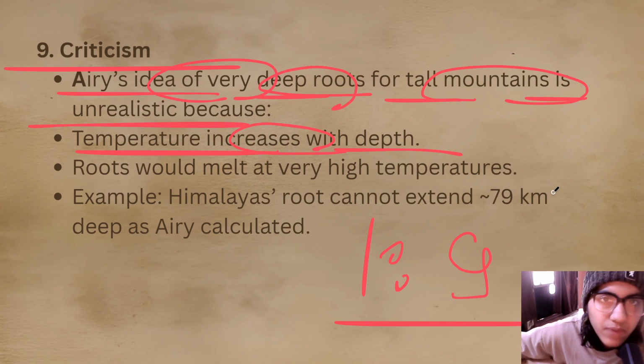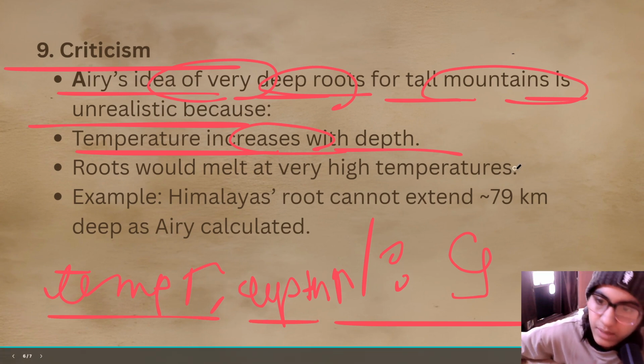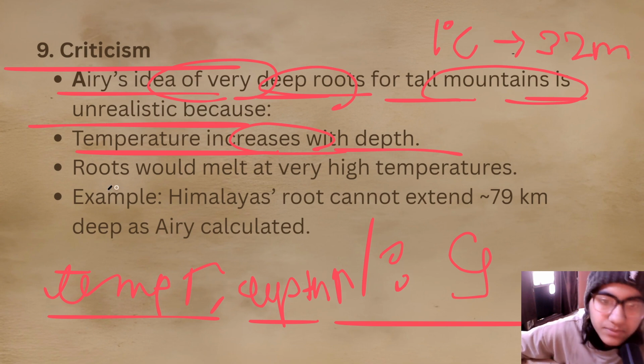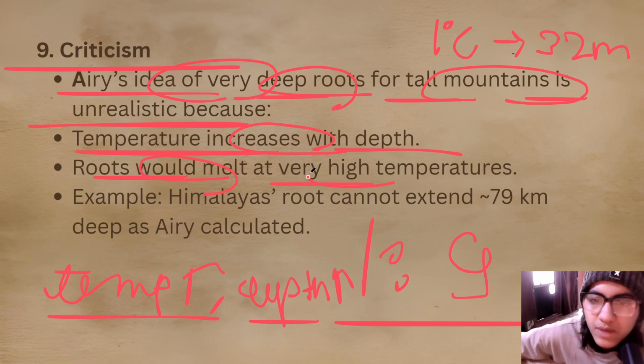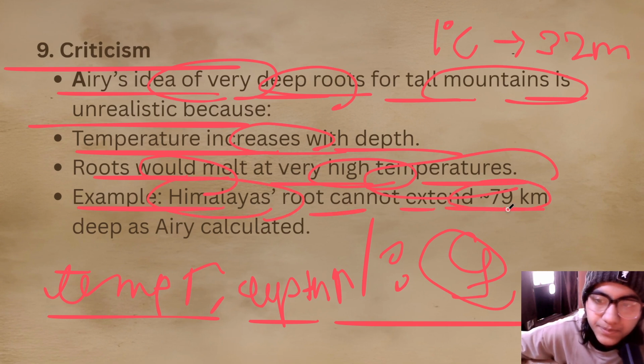As we know, when we go deep into the earth's interior, the temperature increases with depth, like 1 degree Celsius every 32 meters or so. So roots would melt at very high temperature. These deep roots, like the mountain roots, would melt at such depth. For example, the Himalayas' root cannot extend 79 kilometers deep as Airy calculated.